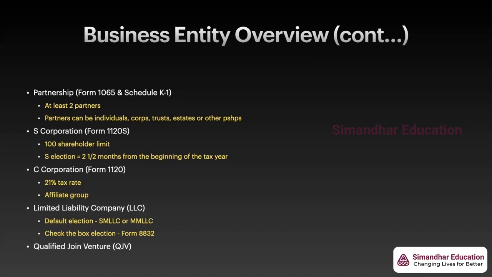Now, what type of entities can be included in a partnership? There can be individuals, there can be corporations, there can be trusts, there can be estates. There can also be other partnerships that are investing in a partnership. We usually call this fund of funds.